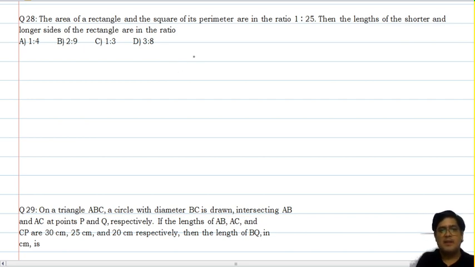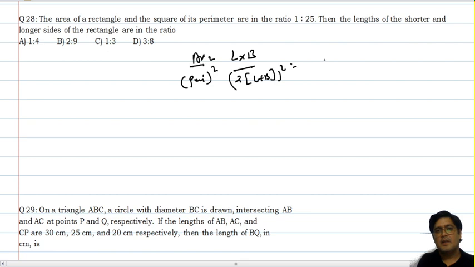You are telling me that area, length into breadth, and perimeter square, that is twice of L plus B squared, is 1 by 25. You want to find out which of the following can be length and breadth ratio. Go with answer options. If it is 1:4, the area is 1 into 4 divided by 1 plus 4 double is perimeter, perimeter square. So 4 upon 4 into 25.